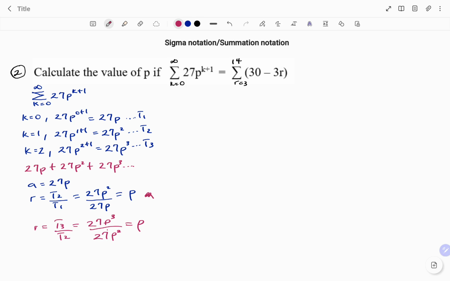So we have a common ratio. Our sum to infinity, because that's a maximum, so we have S to infinity is equal to our first term a over 1 minus r. Substituting, we have a to be 27p divided by 1 minus r, that will be 1 minus p. I call that my equation 1.